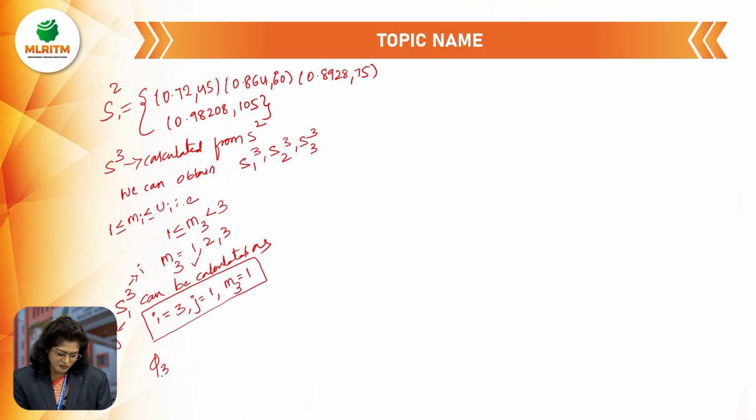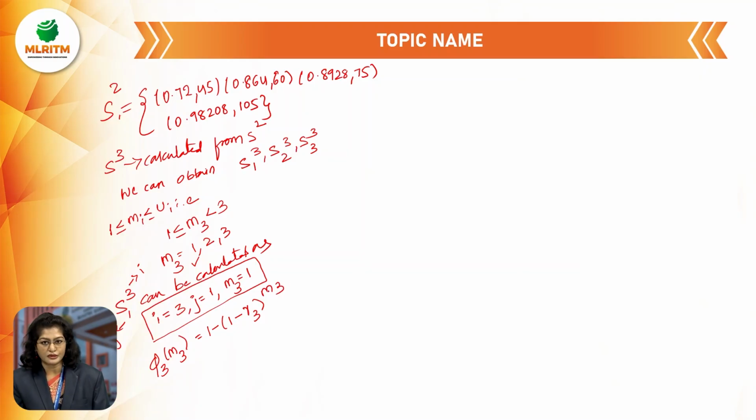You remember the formula? Phi i of Mi equals 1 minus (1 minus Ri) to the power Mi. Here in place of 3 we have kept i, so the I value now we are going to take as 3. So 1 minus (1 minus R3) to the power M3.